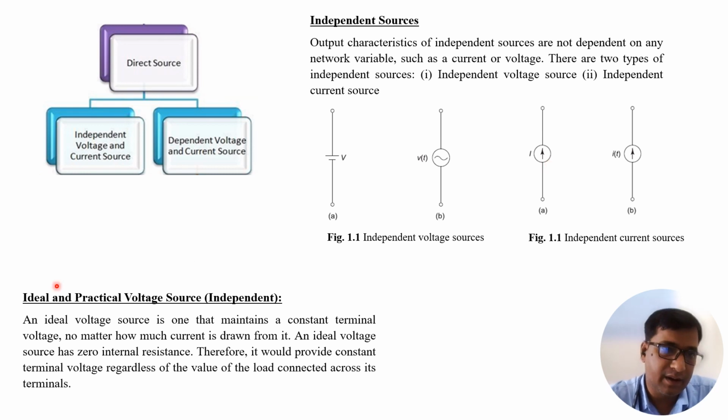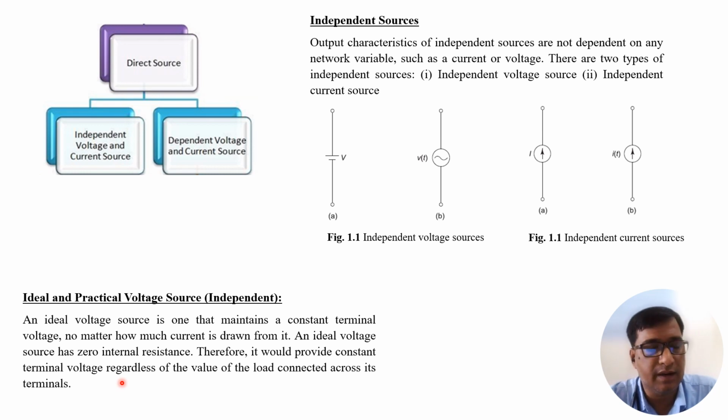The ideal and practical independent voltage source. An ideal voltage source is one that maintains a constant terminal voltage no matter how much current is drawn from it. An ideal voltage source has zero internal resistance, therefore it would provide constant terminal voltage regardless of the value of load connected across it.